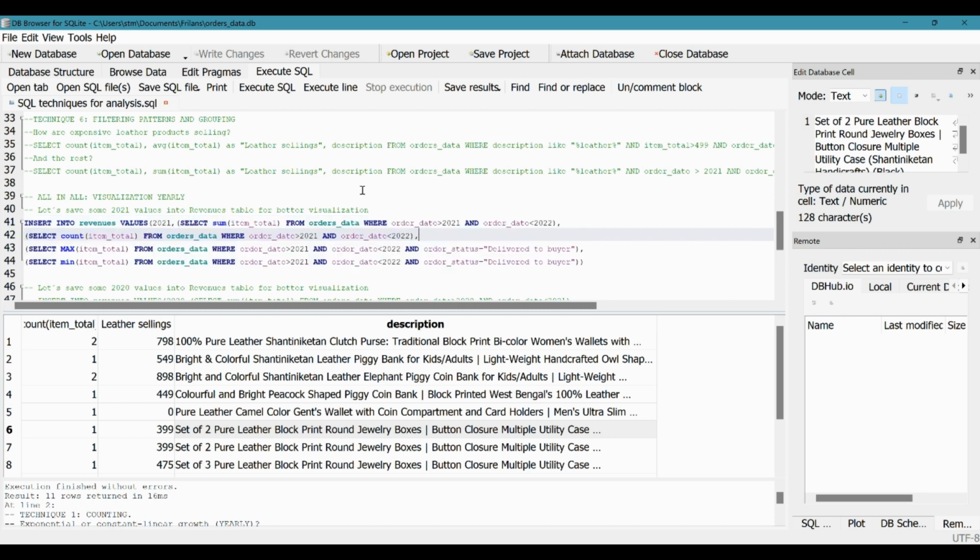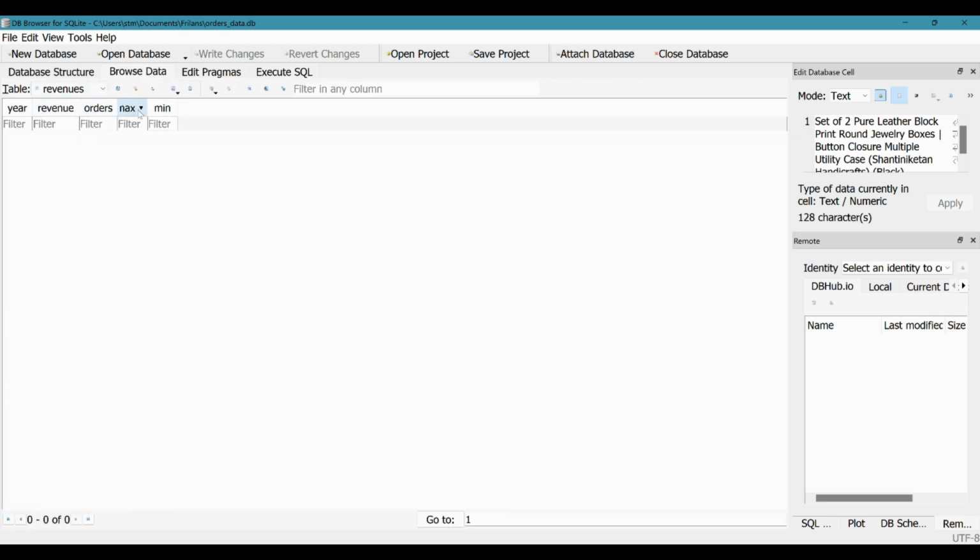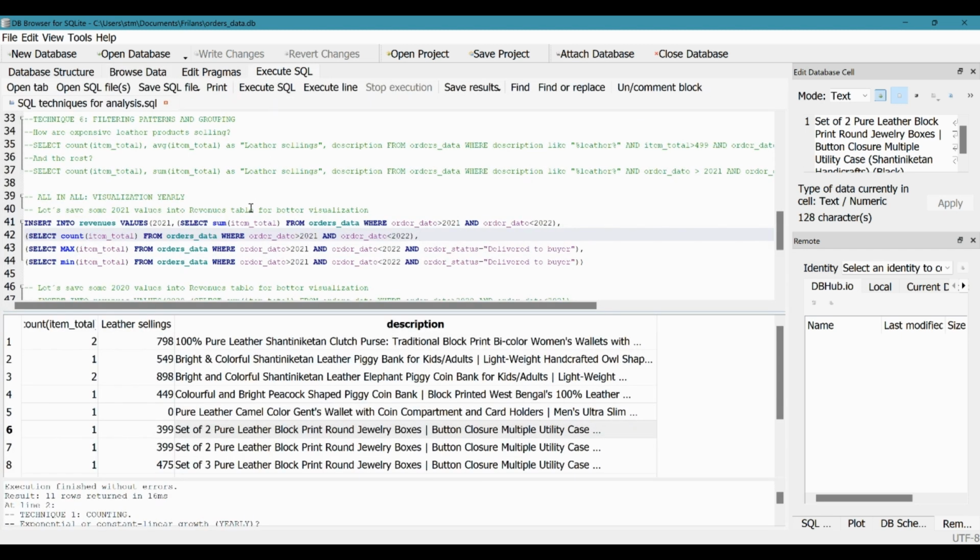What I am doing here is putting inside the 5 columns the year, revenue, orders, max and min.